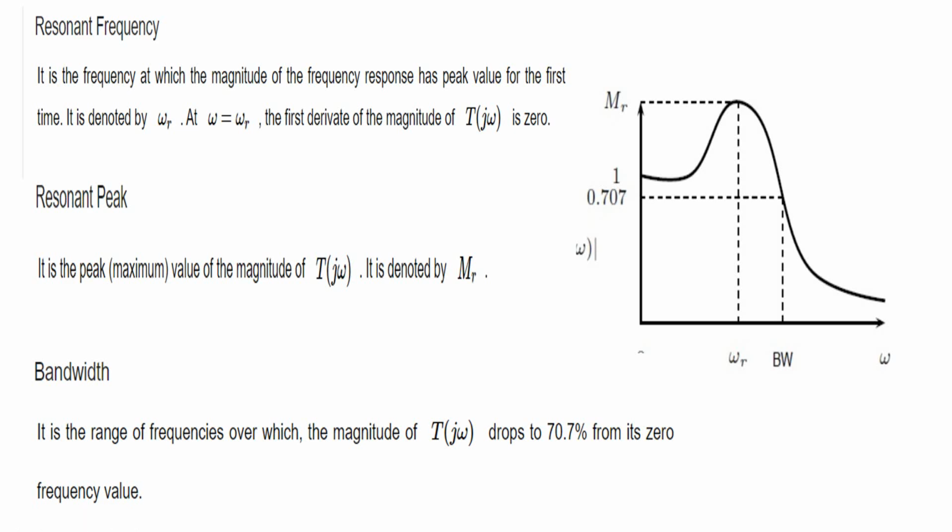This is the magnitude response of the system, which is the magnitude of the frequency response. This is plotted with respect to the normalized one, so we have the normalized amplitude, which is 1 and 0.707.